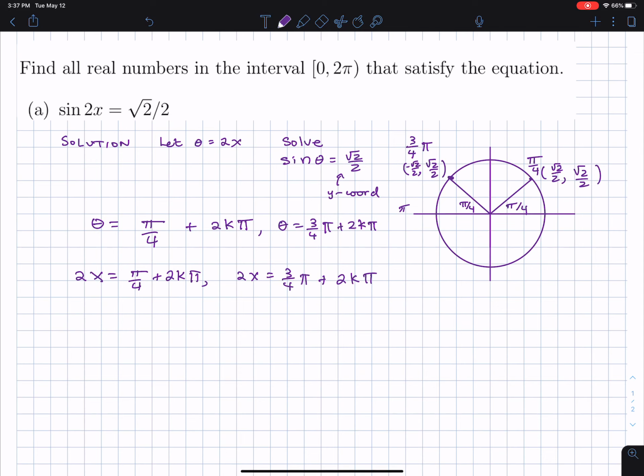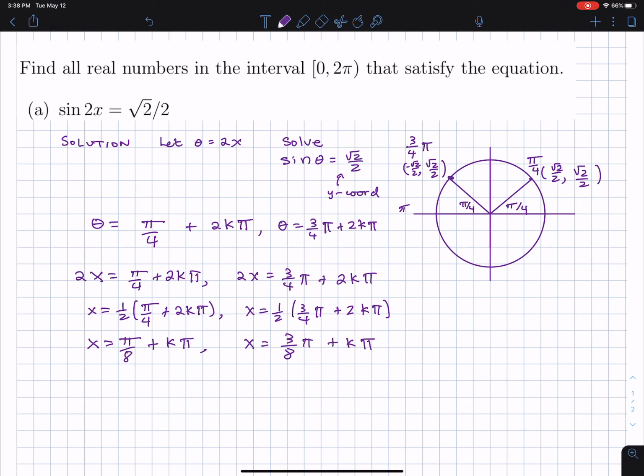So we multiply by 1/2 on both sides, and this is where it becomes essential that I have the plus 2k pi. Let's see why. I multiply 1/2 and I get pi over 8, and the key is 1/2 times 2k pi, which is just k pi. And then over here, same sort of thing.